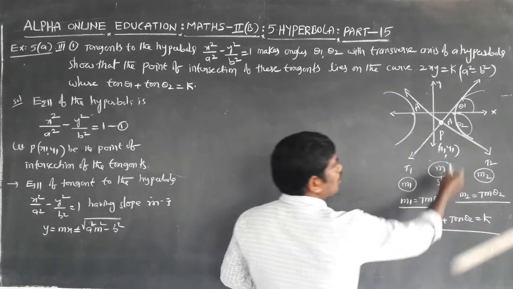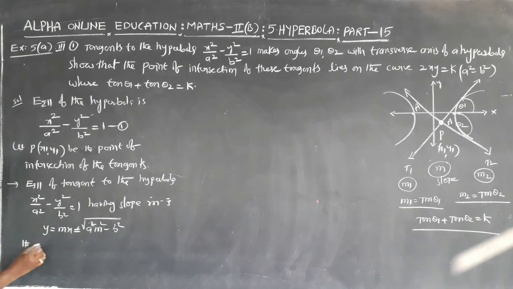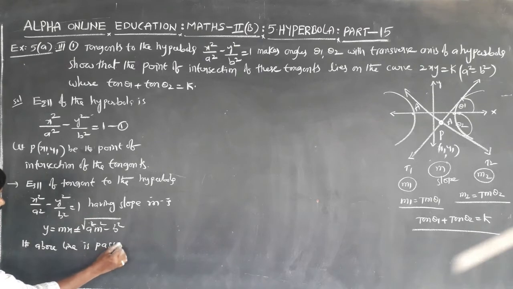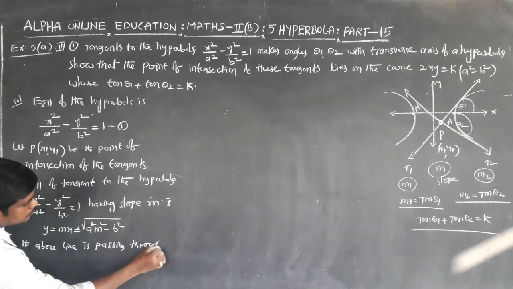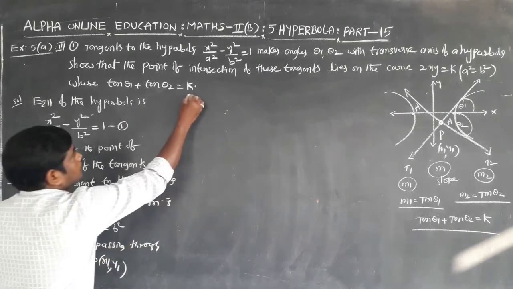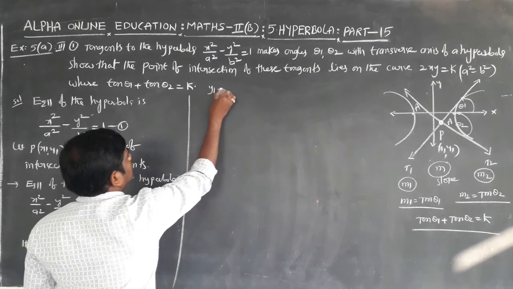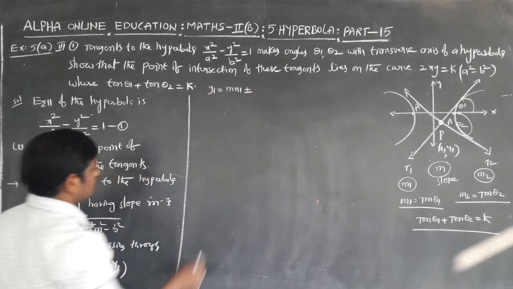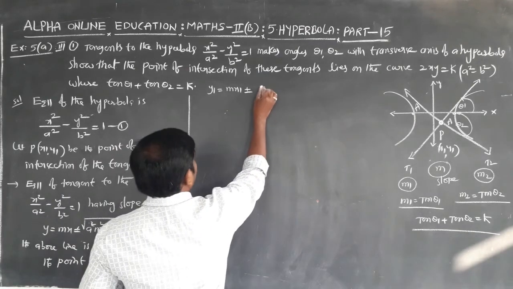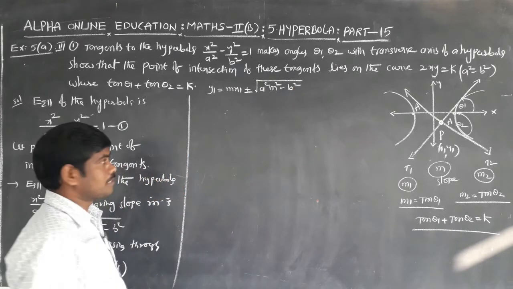Observe here, the two lines are passing through the point P x1 comma y1. So P x1 comma y1 lies on the line. Substitute y equal to y1, x equal to x1. y1 equal to mx1 plus or minus under root of a square m square minus b square.